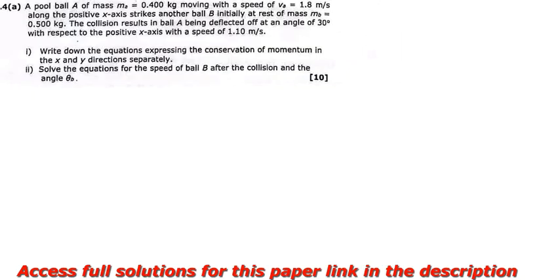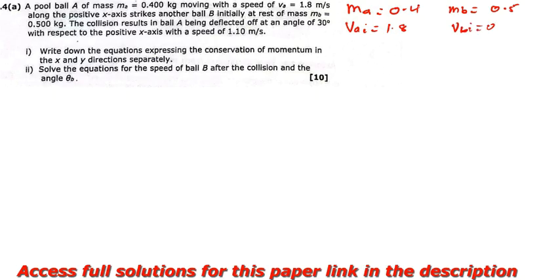So I'll come up with data here where we can clearly see that we've been given mA equal to 0.4. We have been given vA initially, which is the initial velocity, 1.8. We have been given mB, 0.5. So vB initially it was at rest, 0.